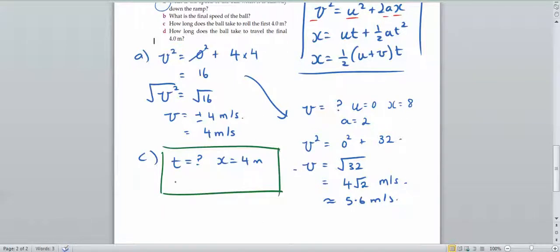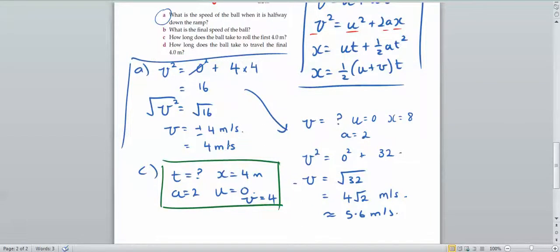We know the acceleration is equal to 2, and we also know that u, our initial speed, is equal to 0. And we could even say that the final velocity at 4 meters, we've worked out over in part A, is 4. We've got so much information. It's just about using the best one.